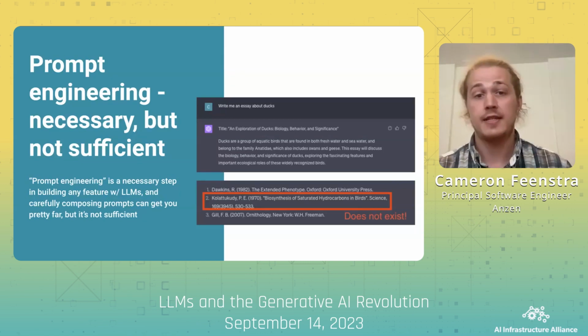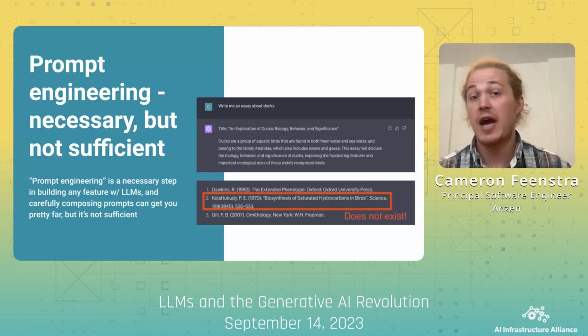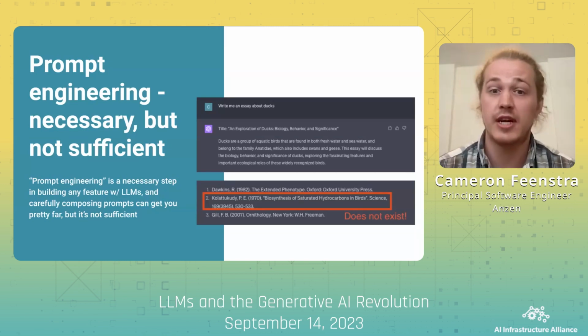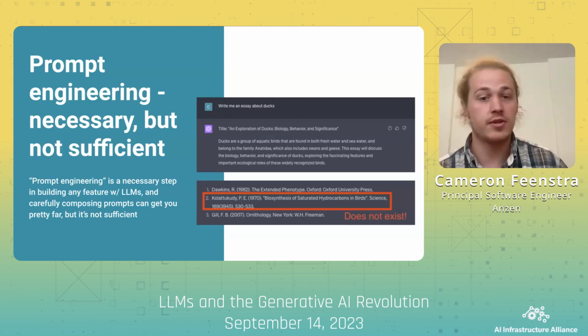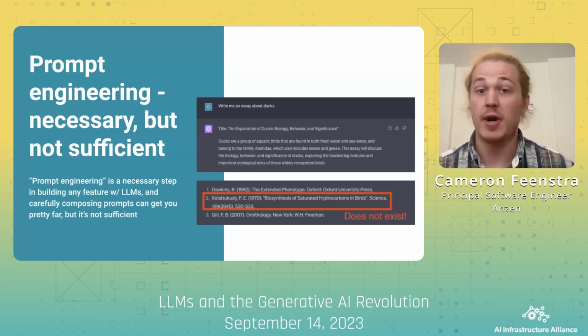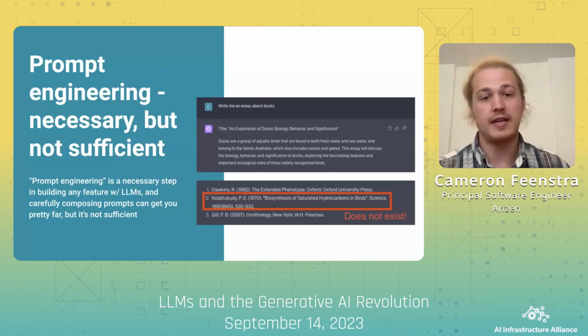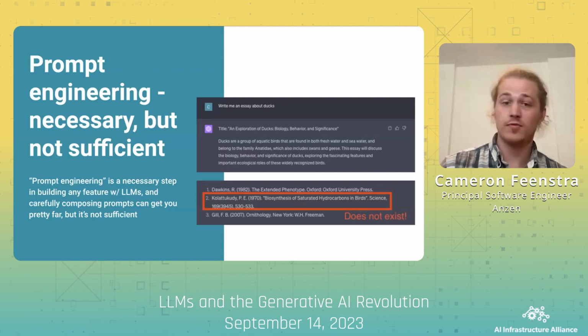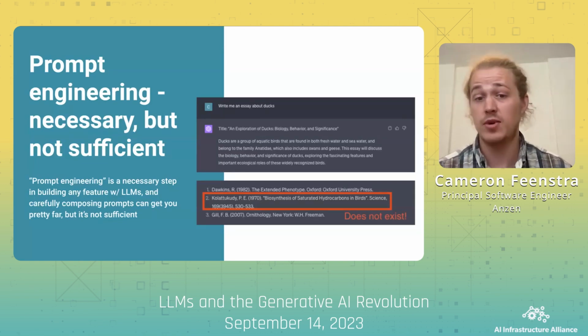In this example, I added custom instructions to ChatGPT to tell it to only cite sources that it's 100% sure are accurate. Then I asked it to write me an essay about ducks. And it did a pretty good job. It even gave me some sources, two of which were real, but one of them was not real.